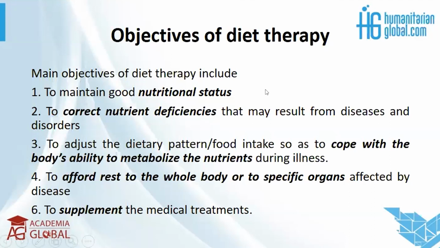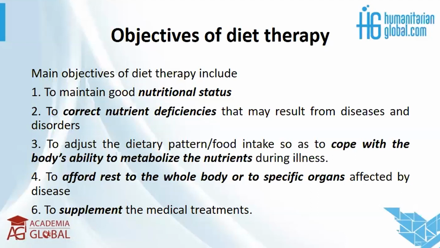Now, nutritional status is the state of the body as influenced by nutrient intake. Normally we say people are of a good nutrition status or a poor nutrition status. And this is determined by the way we feed.